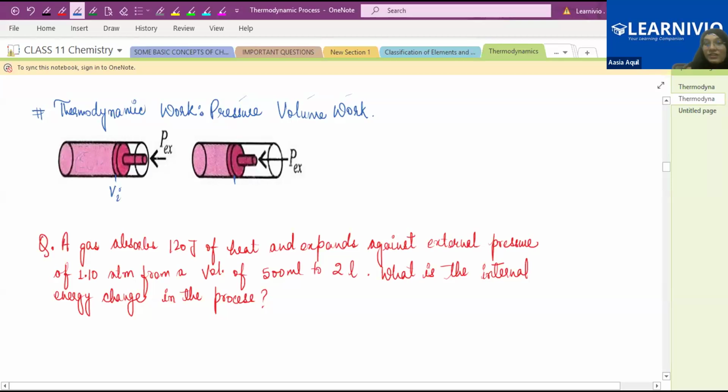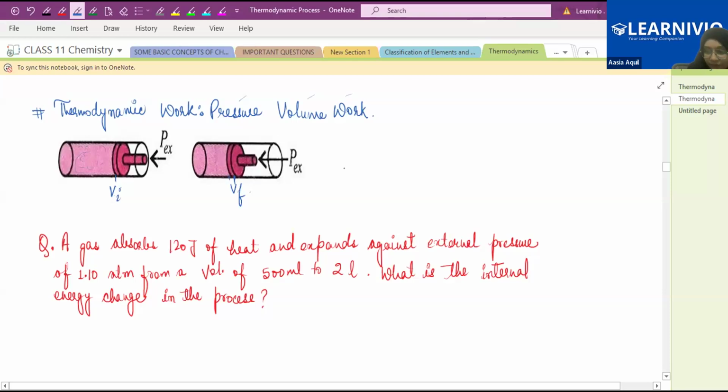So here external pressure is greater than the internal pressure, right? So that's why the movement is towards the inside, from top to bottom. So this is your VF, V final. The initial volume was this, and the final volume is this, after you apply the external pressure.